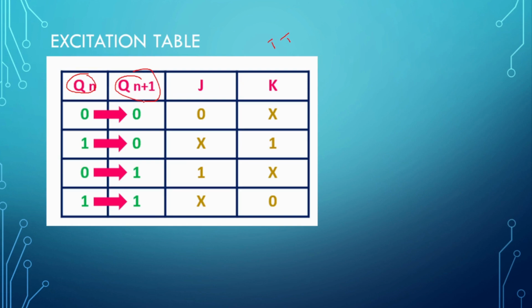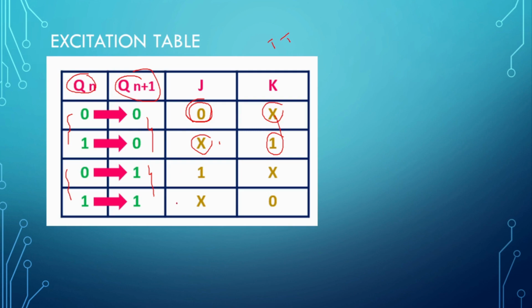So what will the output be if you give this as the input? qn is filled with 0 1 0 1, and qn plus 1 is filled with 0 0 1 1. Afterwards, j is 0 and k is in the don't care condition. If we give 1 0, the j is in the don't care condition. We can't determine it, so it is in indeterminate form, and k is one value.